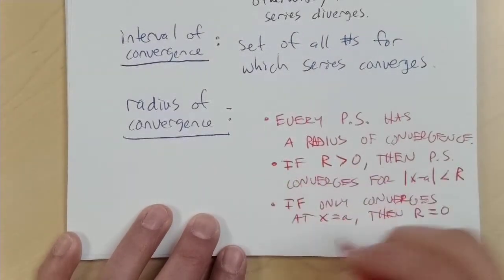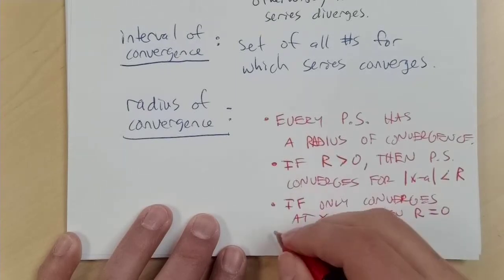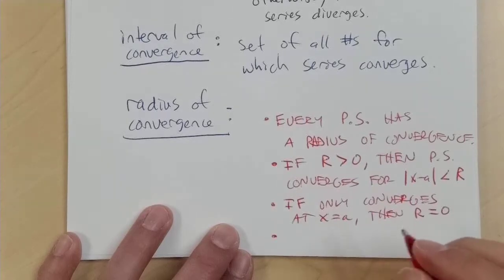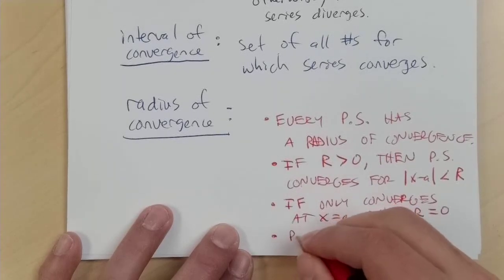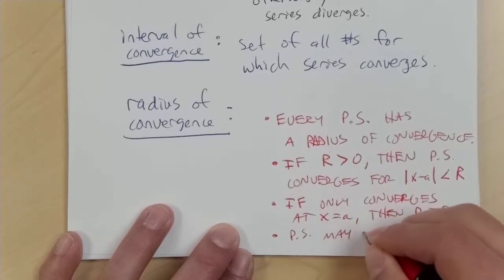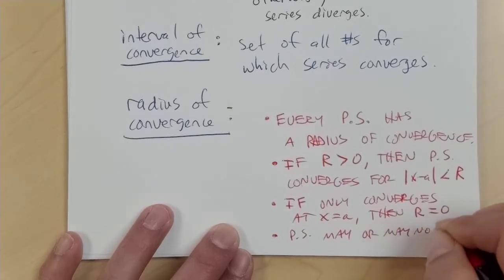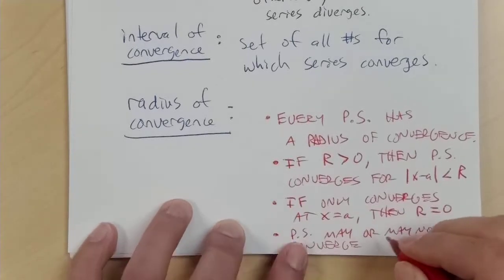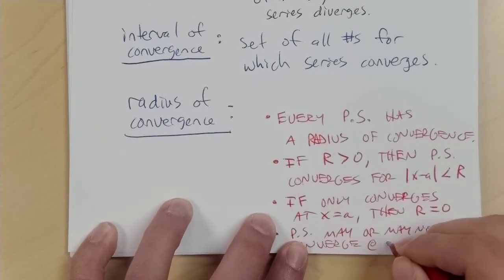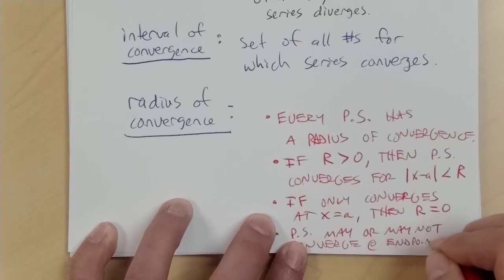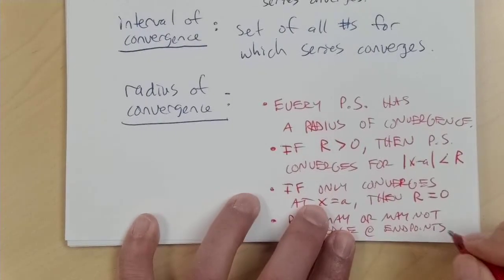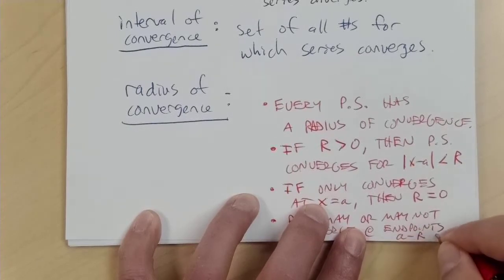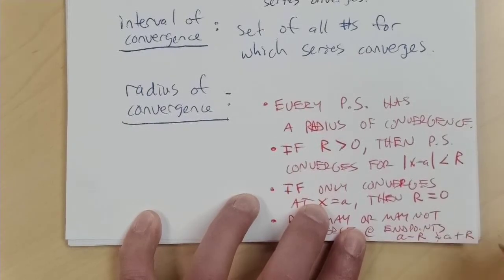Okay? And what you also need to remember is that even though we might have a radius of convergence, the power series may or may not converge at the endpoints. And again, those are a minus r and a plus r.